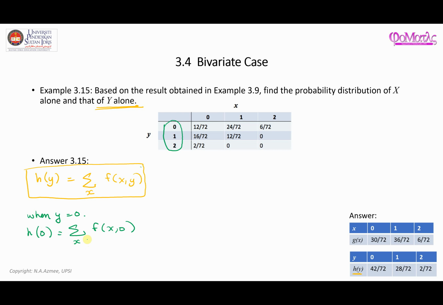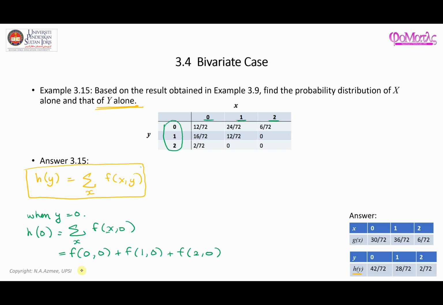We start with the smallest x, and then move on to the next x until we are done with all the x's. So the value of x starts from 0, and then moves to 1 and then 2.